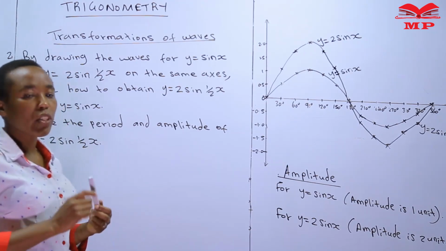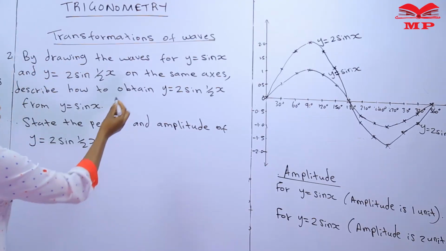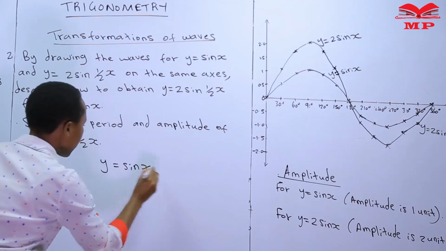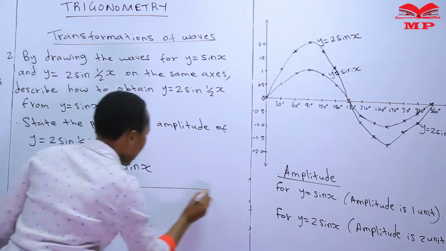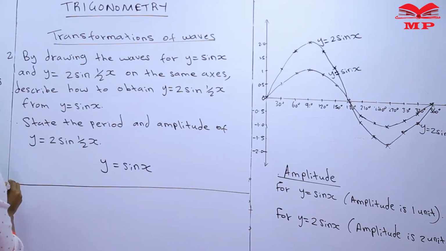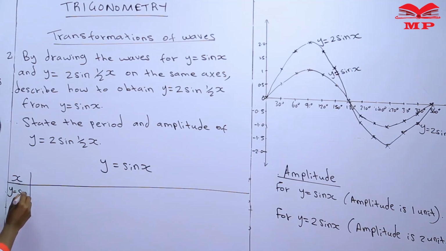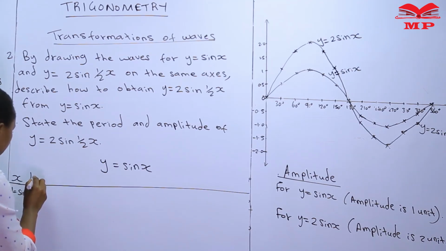We plot each at a time. We can choose in this case to start with y equals sine x, and therefore we require a table for that. We require the table whereby we have x here, then we have y, which is sine x. Then we can have the range from 0 to 360 degrees.